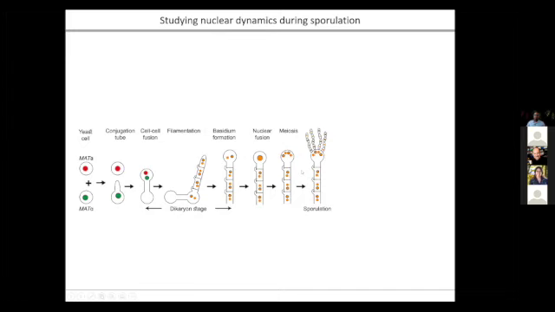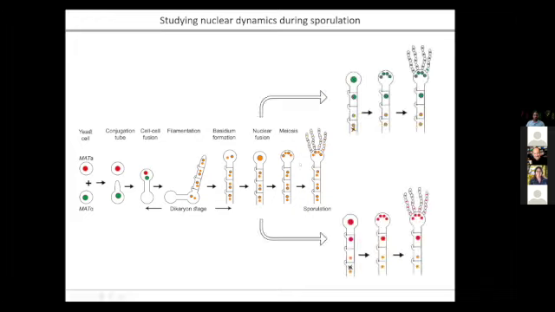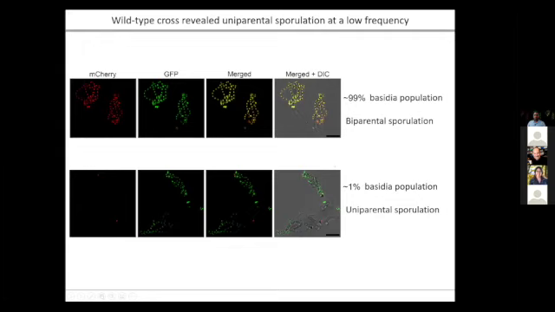Now we hypothesized at this stage that if only one of the nuclei is making those spore chains that we had observed, then instead of this yellow-orange color in the spore chains, we will have only green or only red, as you can see here. So once we established this assay, we started looking at the spore chains in both cases.